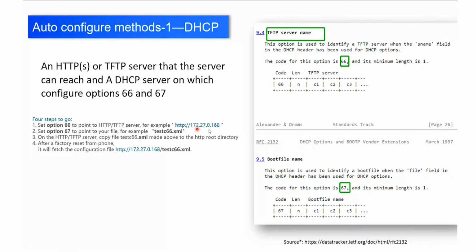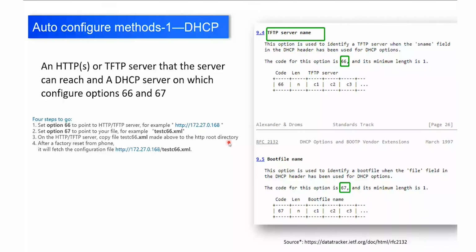For example, the address is this one, and you also have to set another option, 67, to point to your configuration file. For example, here I named it test.xml. On the HTTP server, you copy the file to the HTTP root directory, or another directory, depending on your setup.